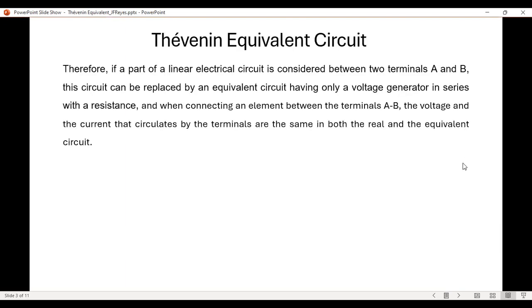Therefore, if a part of a linear electrical circuit is considered between two terminals A and B, this circuit can be replaced by an equivalent circuit having only a voltage generator in series with a resistance. And when connecting an element between the terminals AB, the voltage and the current that circulates by the terminals are the same in both the real and the equivalent circuit.